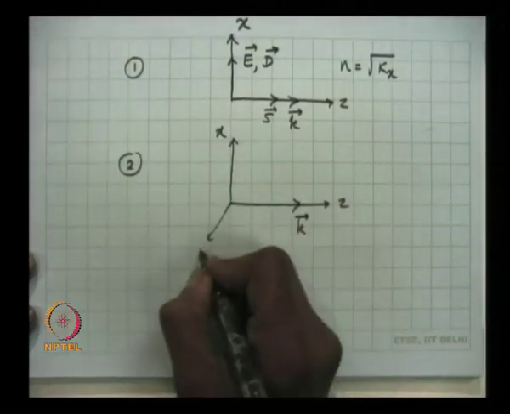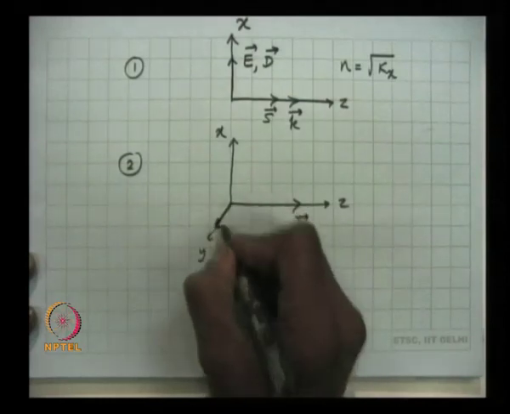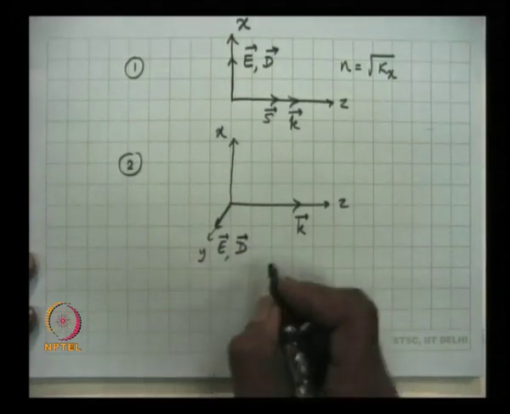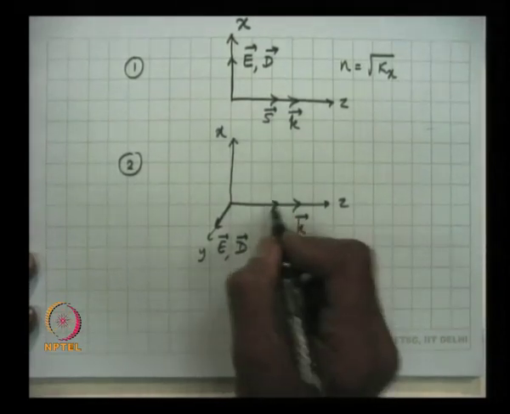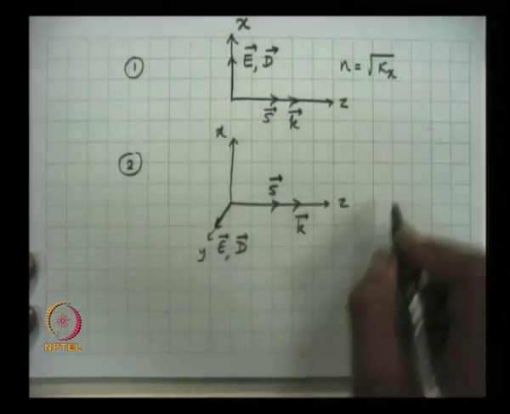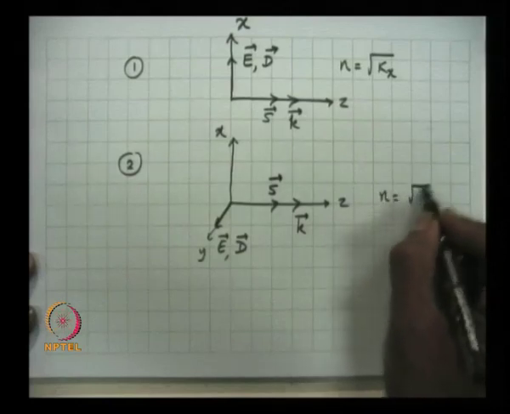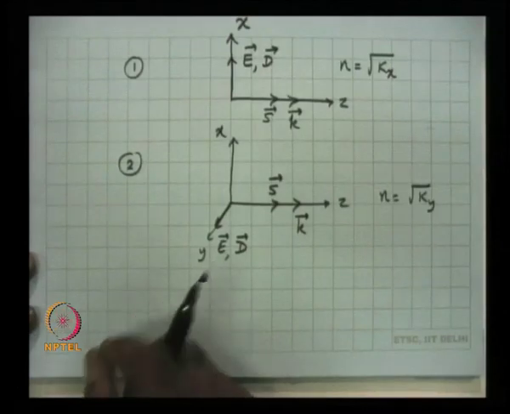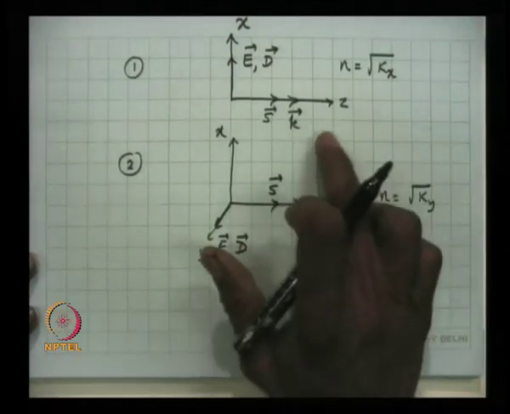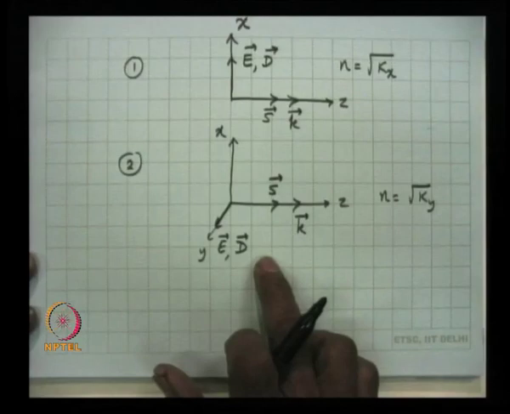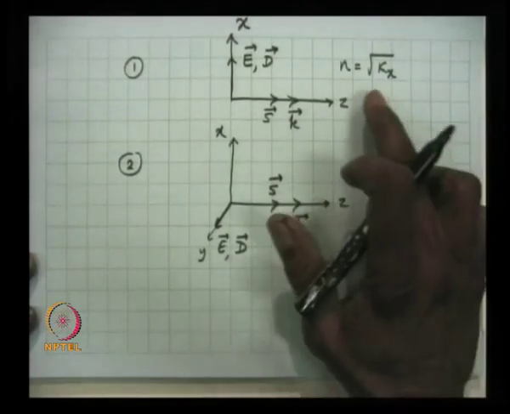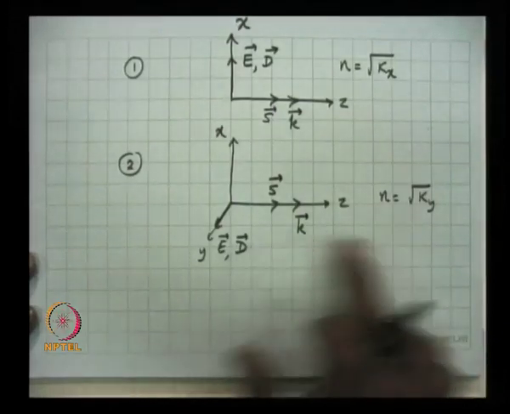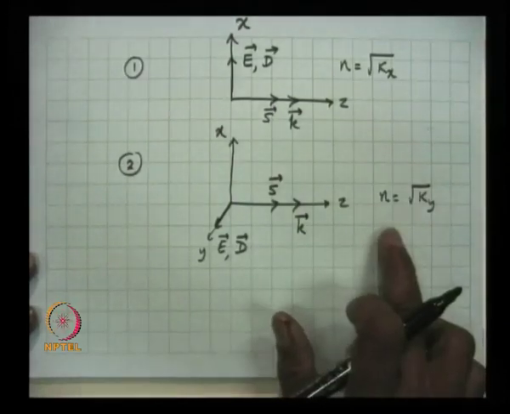So, if I call this y, the E vector is along y, D vector is along y, and S vector is also parallel to k now, with a refractive index which is square root of ky. This is one eigenmode, this is another eigenmode. This eigenmode propagates with a refractive index n is equal to square root of kx. This eigenmode propagates with a refractive index n is equal to square root of ky.